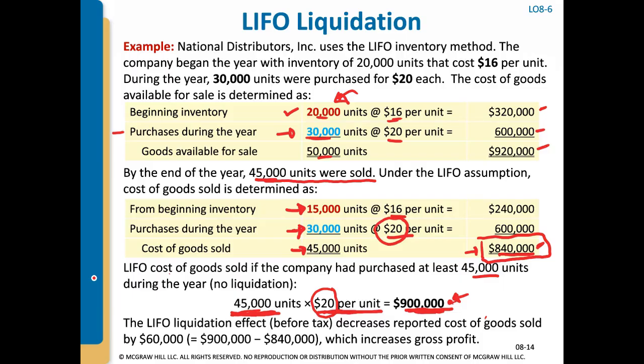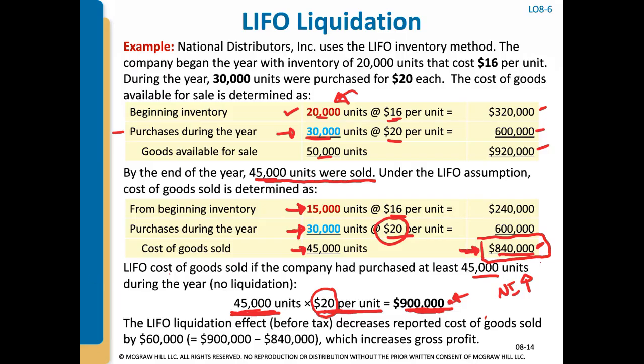Why? Well, because right now your cost of goods sold is $840,000, right? Which is lower than the $900,000, and that makes your net income increase. And a user of the financial statements might think, oh look, their net income is so high, and make decisions based on that net income number.